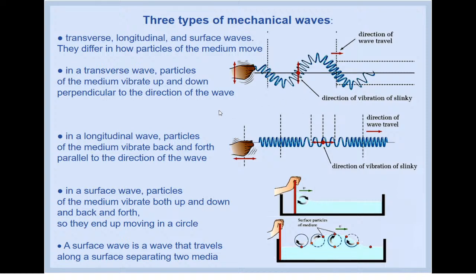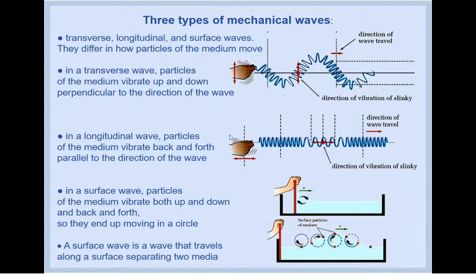In a longitudinal wave, particles of the medium vibrate back and forth parallel to the direction of the wave. And this kind is just of interest to applied science, from the position of the possibility of application of the mechanical waves.